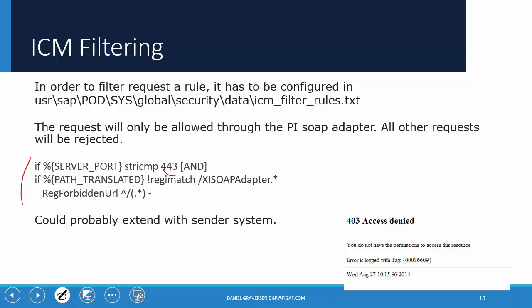And we would probably have extended it also and say, okay, and the center system needs to be whatever the center system is. So we could have added more fields to it, but I think this was sufficient. And then what you got if you tried to access with any other URL, you would just get access denied, and that was that.